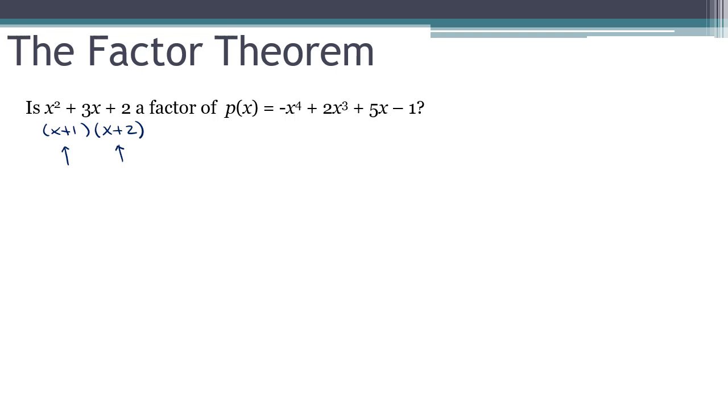All right, so let's see. I'm going to check P of, and be careful here, negative 1. This is negative 1 to the 4th, 2 times negative 1 to the 3rd, plus 5 times negative 1, minus 1. So let's see, minus 1, minus 2, minus 5, minus 1.